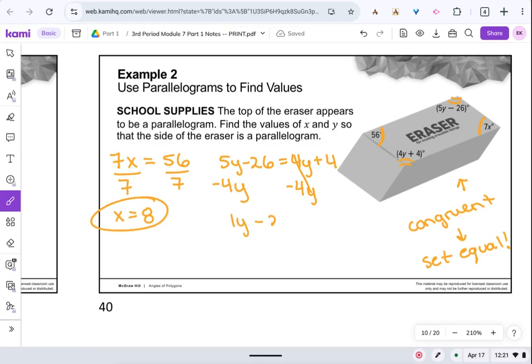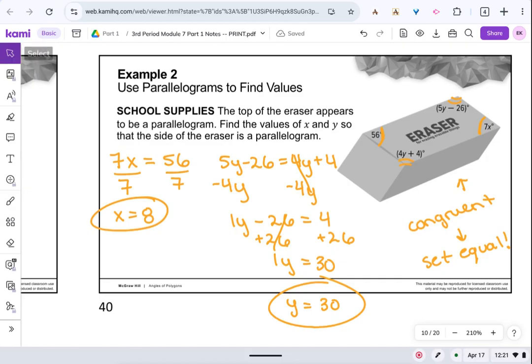So I get 1y minus 26 equals 4. Add the 26 over. I get 1y equals 30. So y equals 30. Don't need to divide there because it's just a 1 as the coefficient. You need to be very diligent and good about solving these equations, okay? That's why I'm not taking a ton of time to do those.